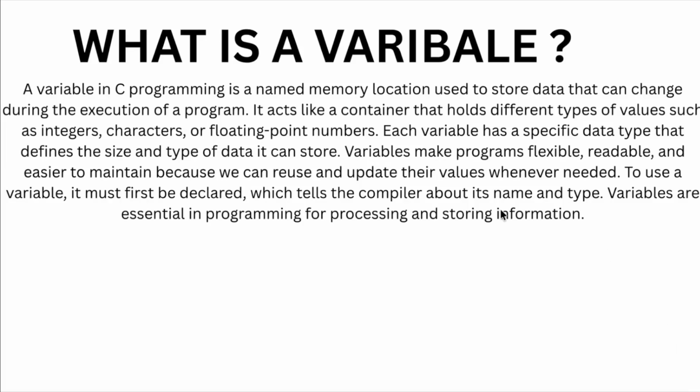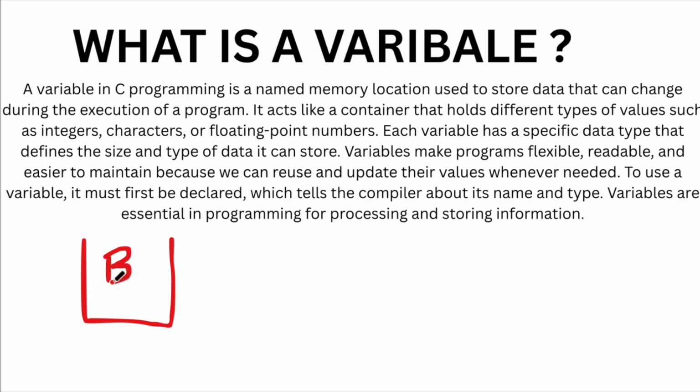Here we are going to study what a variable is. So here is a simple definition of a variable. In a real-life example, suppose you use a box, and let's say the name of this box is books.